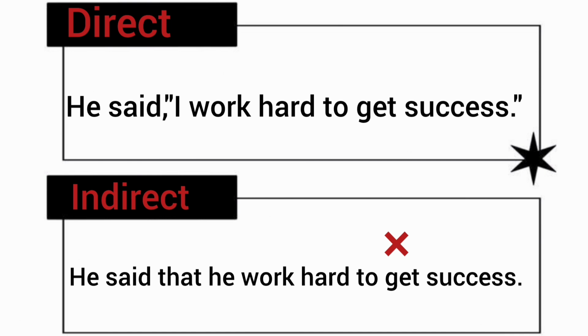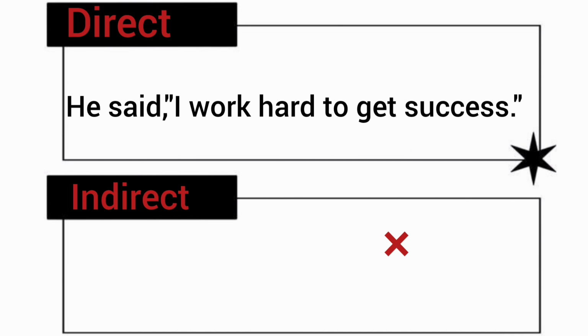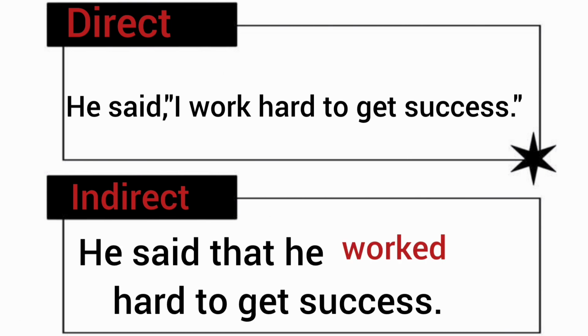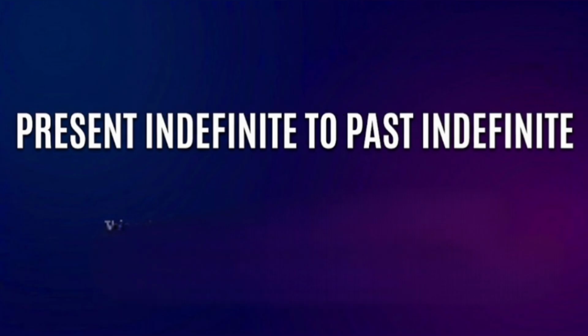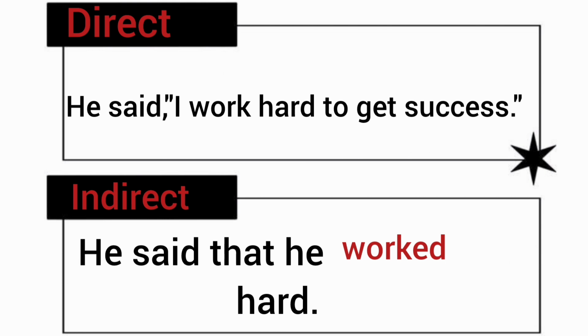So that's why I have to change the tense of the reported speech after changing into indirect narration. He said that he worked. Simple. You have to change this present indefinite tense into the past indefinite tense. He worked hard to get success. Rest of the sentence will be the same, only you have to focus on the tense.